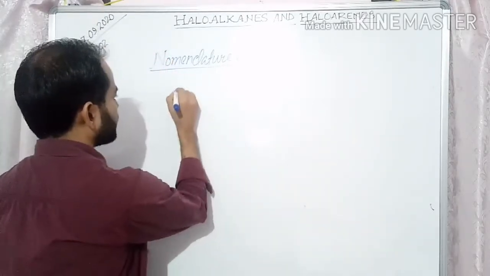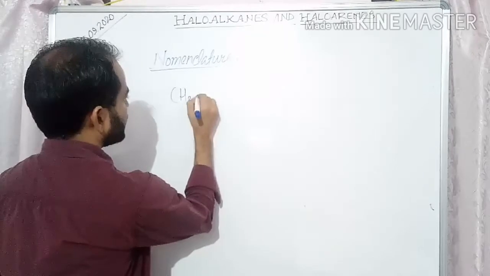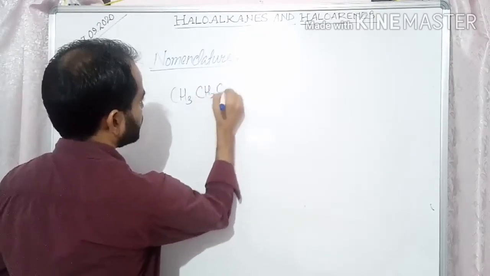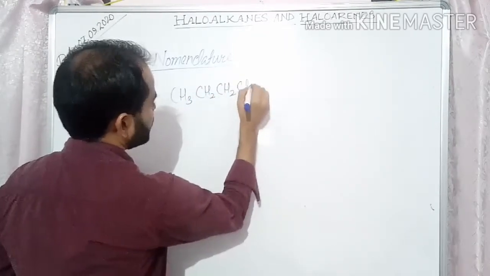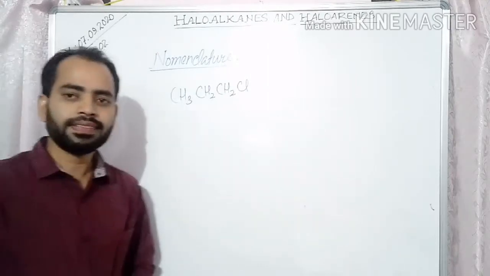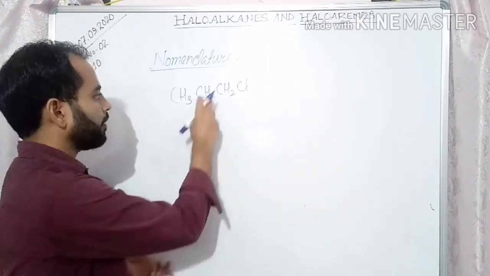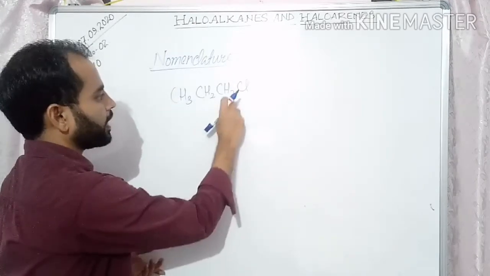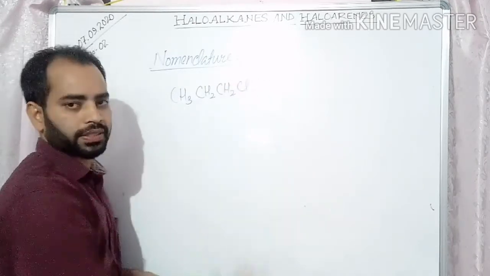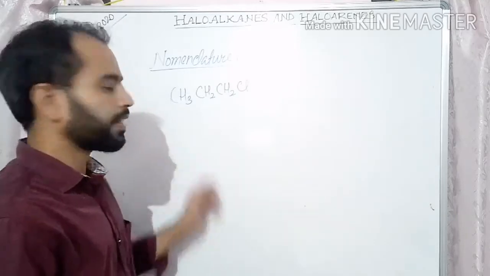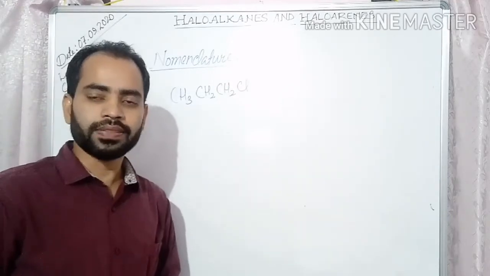First of all, let us take one example: CH3, CH2, CH2, Cl. This is a haloalkane, where this one is your alkyl group and this is your halogen. So this is an alkyl halide or haloalkane.